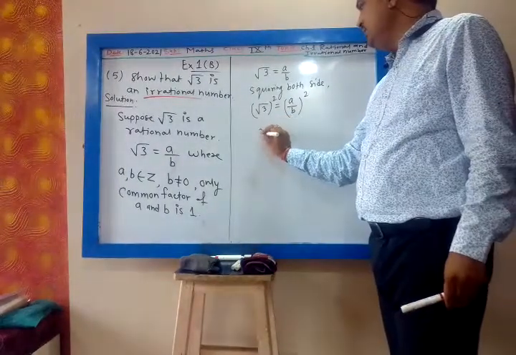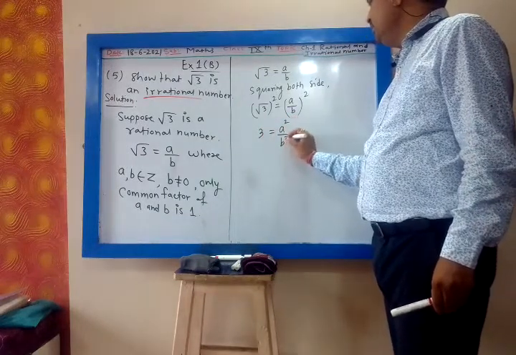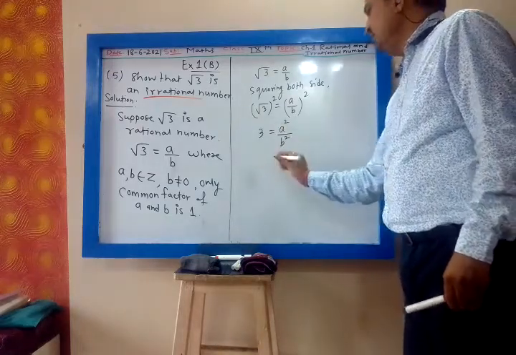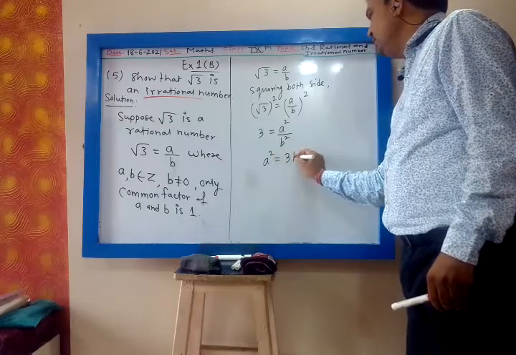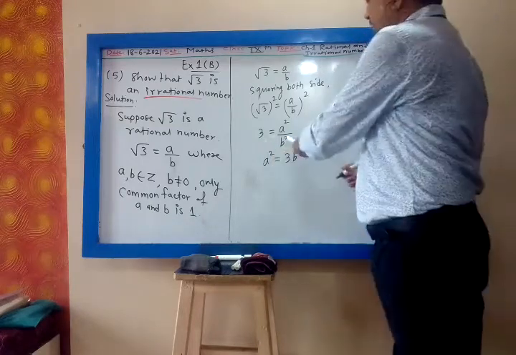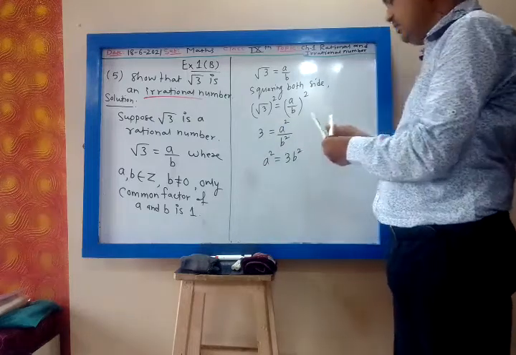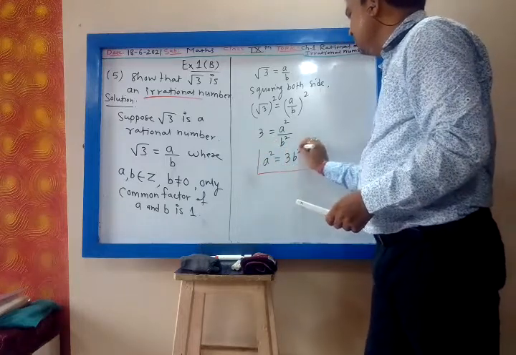So you will get 3 is equal to a square upon b square. So cross multiply, you will get a square is equal to 3b square.